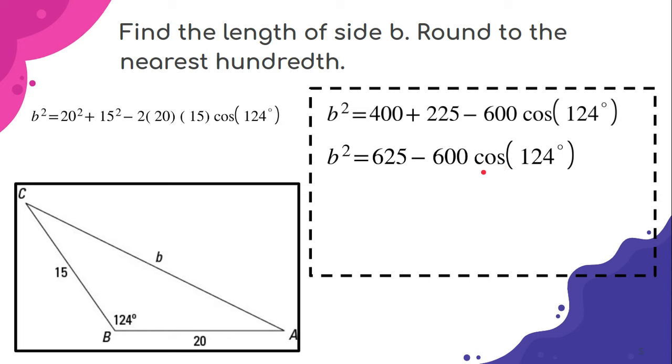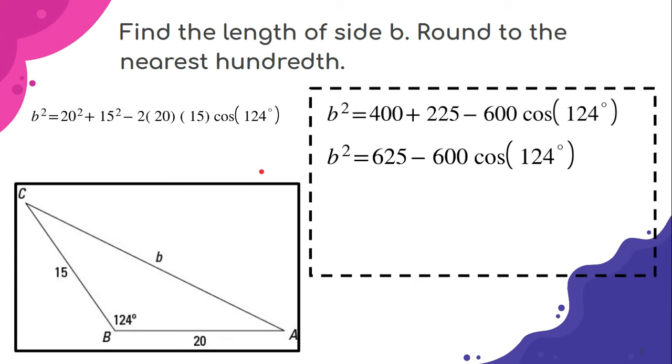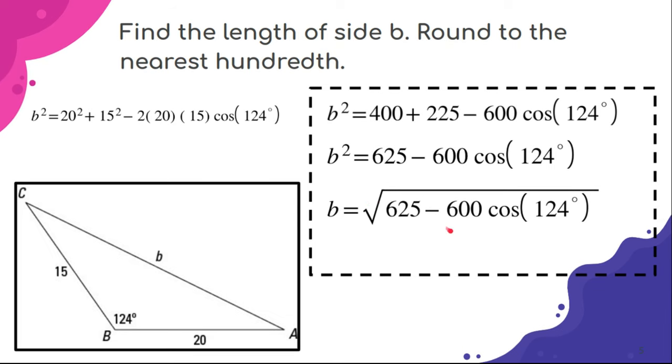Then from there, due to the way that the B right here is shown to be squared, we will need to simplify the B, causing the equation to now have a square root in place.